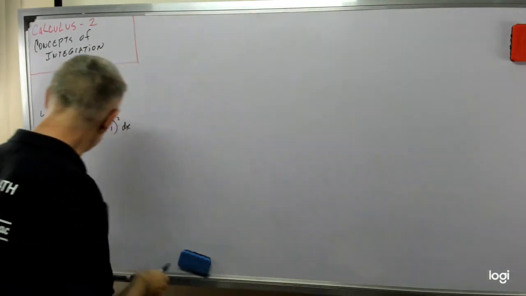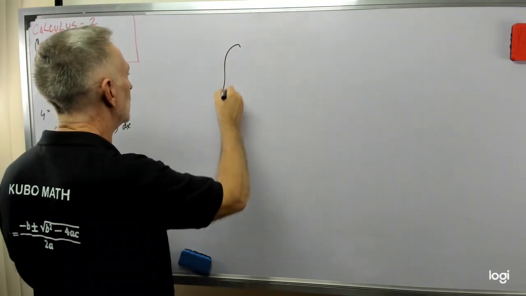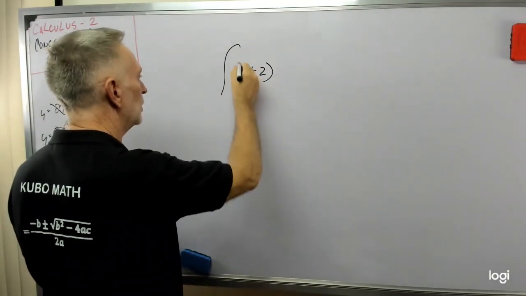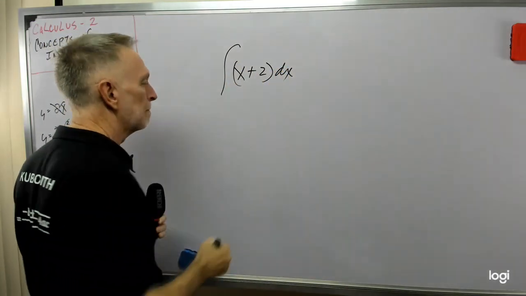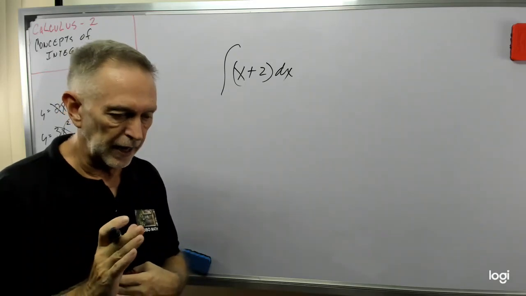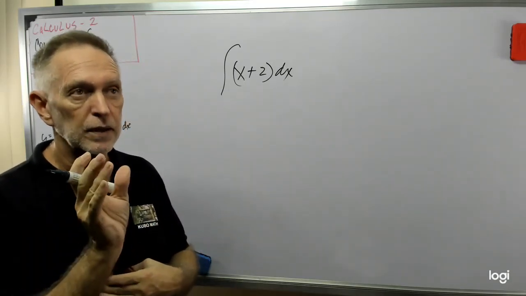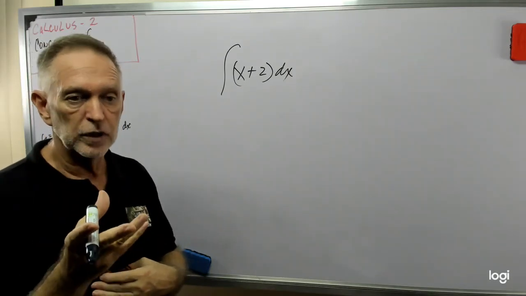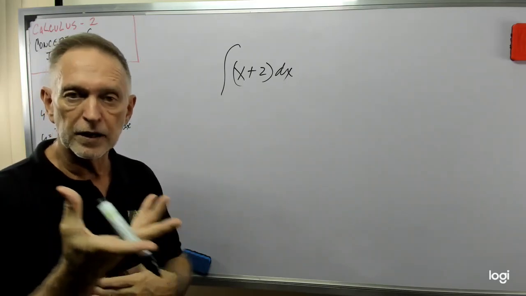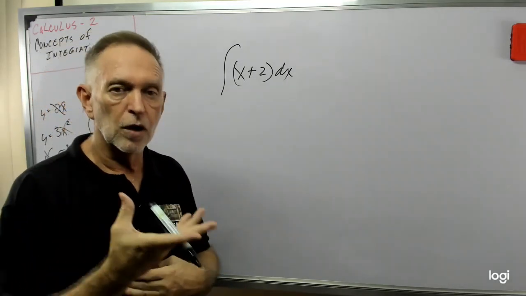Okay, what do we got here? All right, the integral of x plus 2 dx. Now you recall from differentiation you had a sum difference rule, and it said the derivative of the sum of two functions, f of x plus g of x, was the sum of the derivatives.